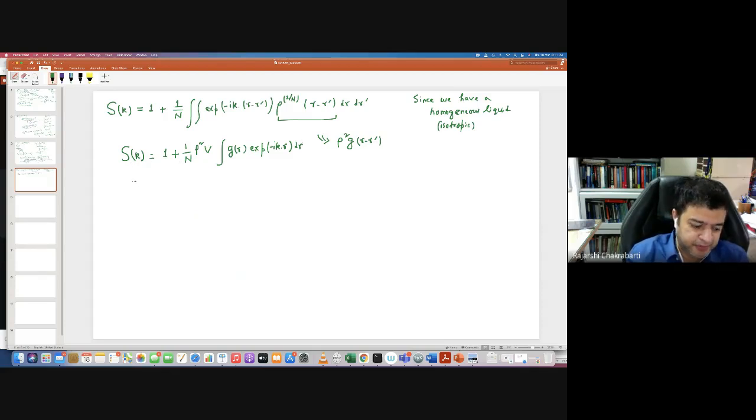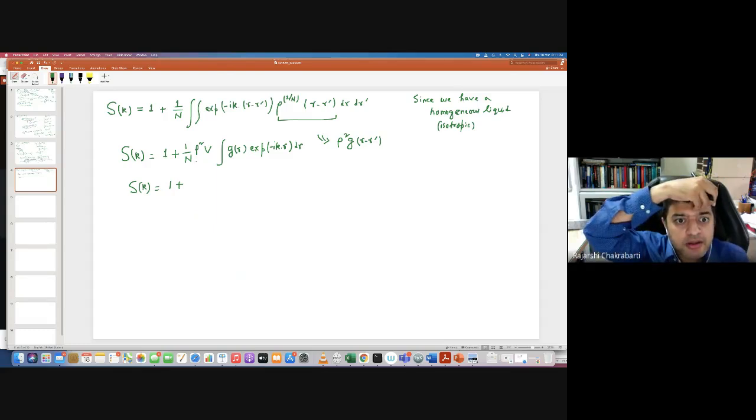If I write it properly, I get 1 plus rho. So V will cancel. Am I doing it correct? Because there has to be n square by v square.